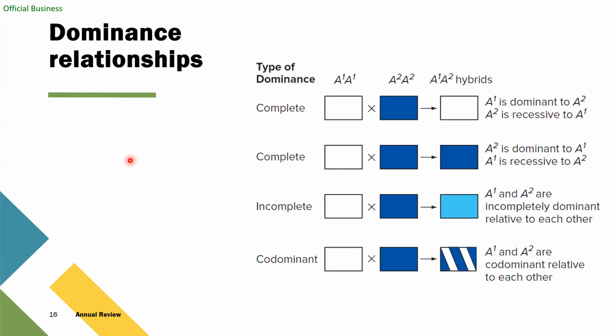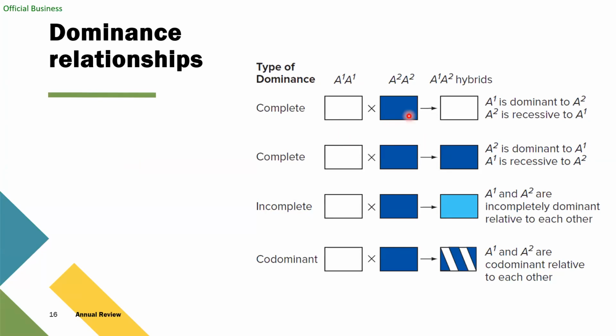First, we have the dominance relationship. There are cases where the dominance is not exactly complete. For example, say you have a trait, a white color and a blue color.